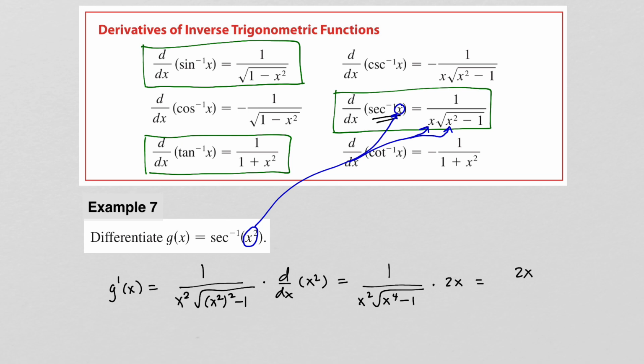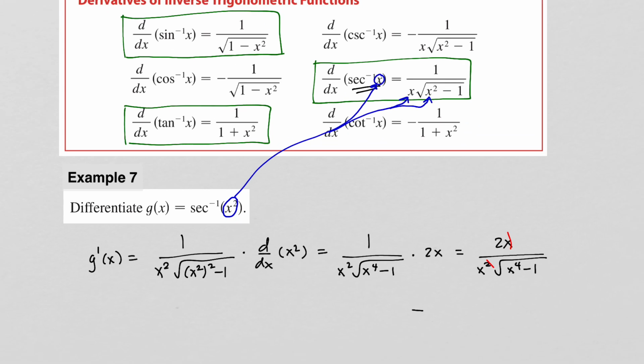And then if we write this as a single fraction, we can express it like this. And then this x here cancels out one of the x's in the bottom, and we can simplify our answer to be 2 over x times the square root of x to the 4th minus 1.